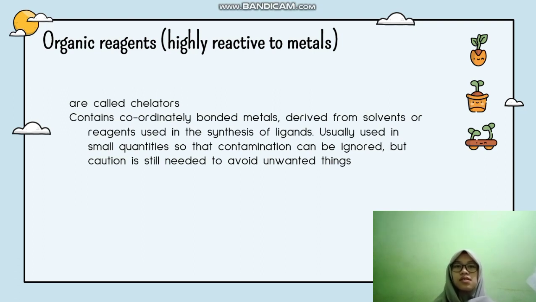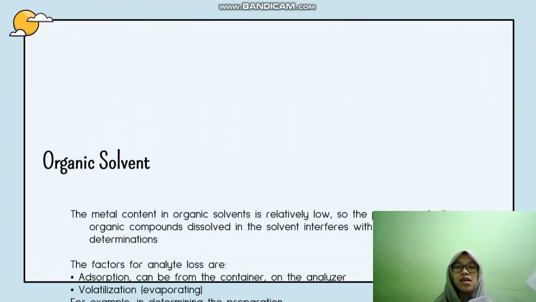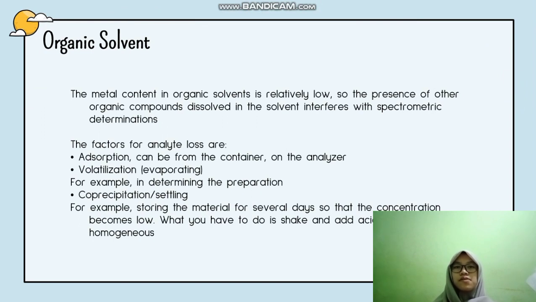But caution is still needed to avoid unwanted things. And last, organic solvent. The metal content in organic solvent is relatively low, but the presence of other organic compounds dissolved in the solvent interferes with spectrometric determination.